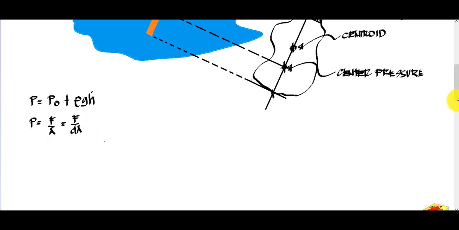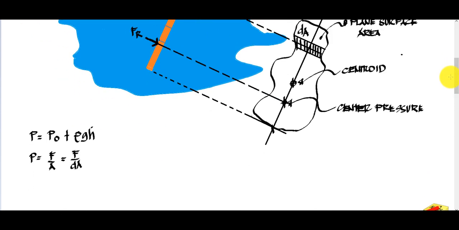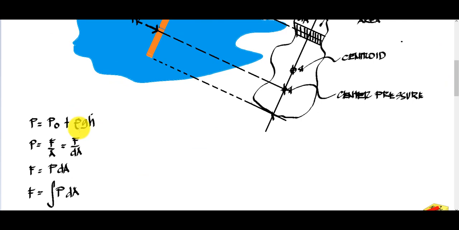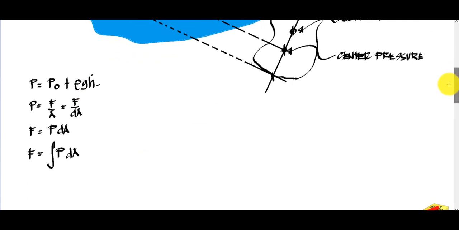To get the resultant hydrostatic force, we need to integrate this one, so we have force F equal to the integral of P dA. We integrate the pressure times the differential area, where our pressure is equal to this one, so we substitute that. Now your force is equal to the integral of atmospheric pressure plus density times gravity times the height, times the differential area.